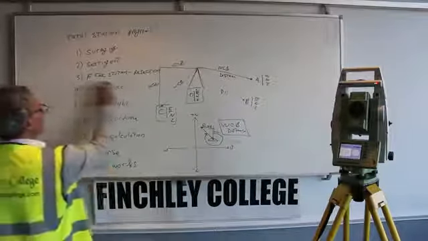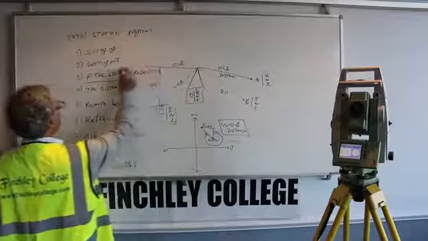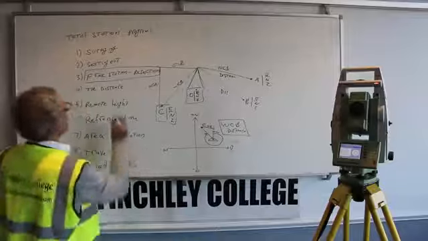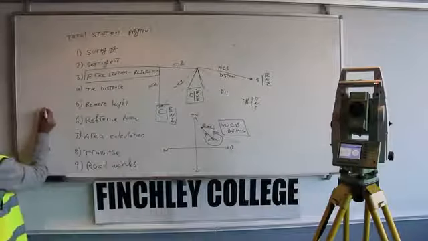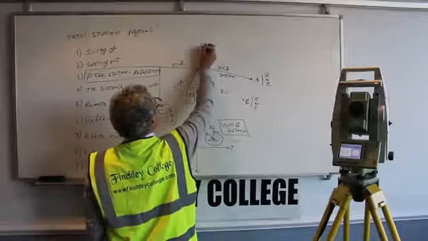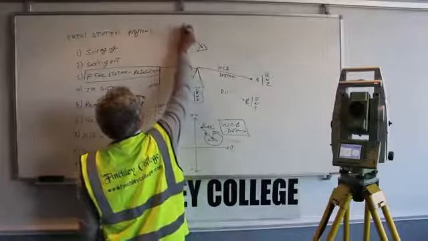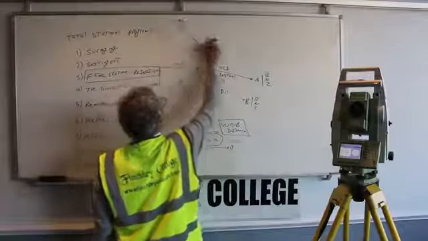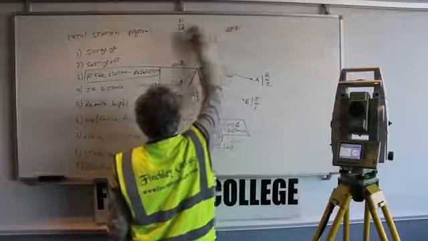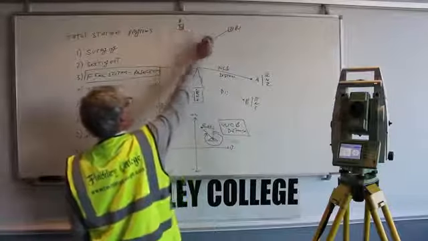The free station program is one of the most important programs with the total station. With the free station program, the instrument is set up here. You will sight to a minimum of 2 known points, say R1 and R2, which are retro targets on control points.